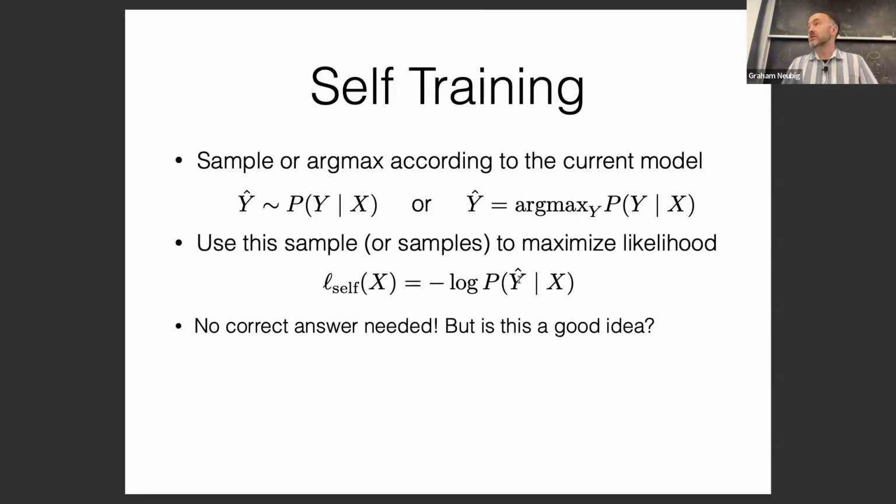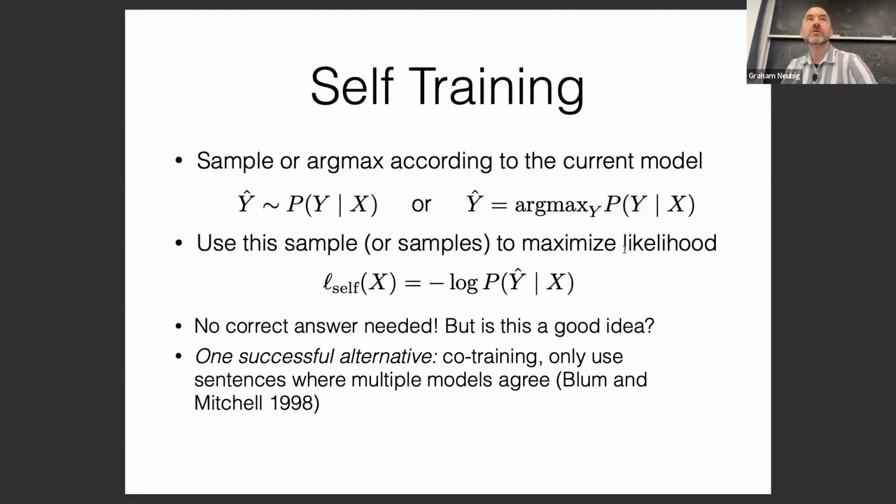That being said, it can still work. Some examples of when it can work: if we specifically use the argmax, and the highest likelihood output is more likely to be correct than not, you can improve the accuracy by training on this to some extent. There are also other successful attempts.